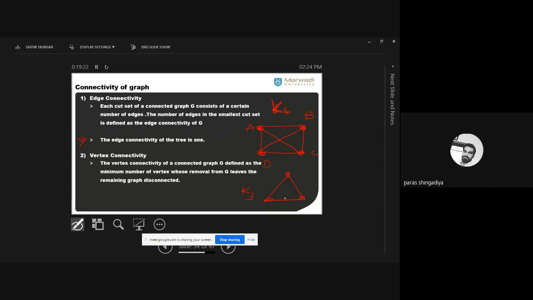The graph should be disconnected, meaning there should be two partitions of the graph. We can find edge connectivity too, but for any complete graph we cannot find its vertex connectivity.